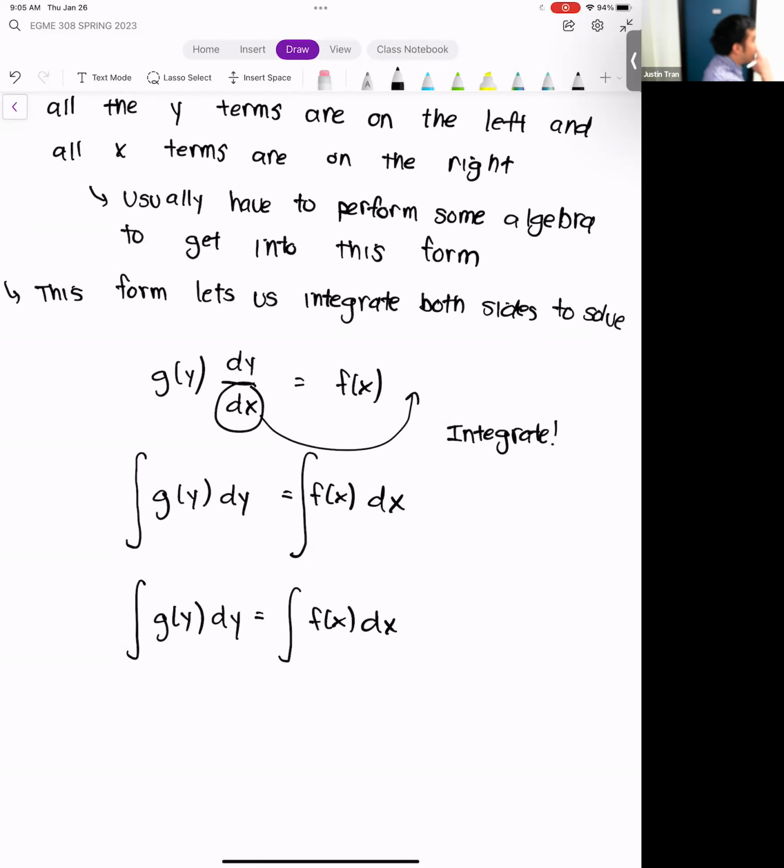Okay, for example, let's say that we have the differential equation y dx equals 1 plus y squared.